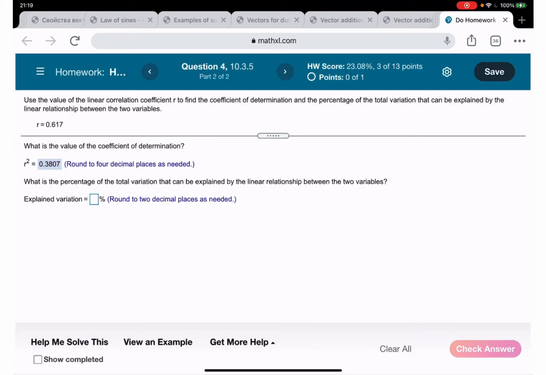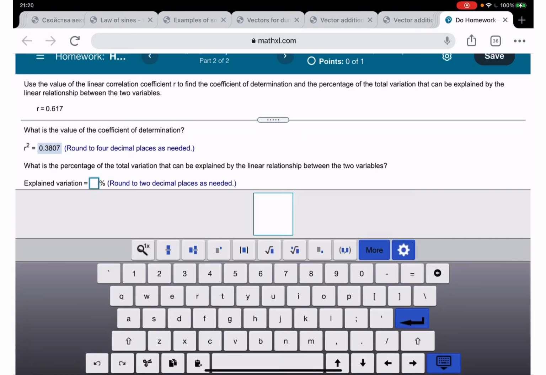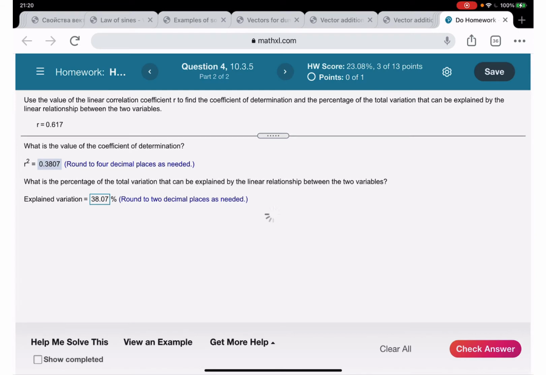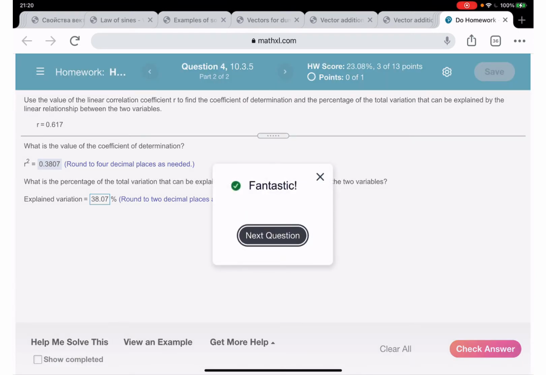So the explained variation is 0.3807, which as a percentage is 38.07%. Okay, moving to the next question.